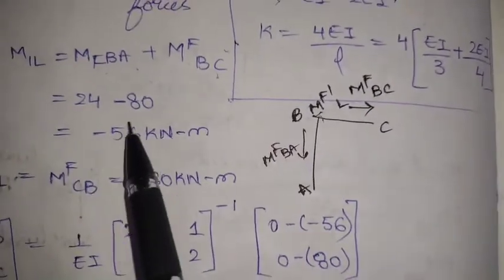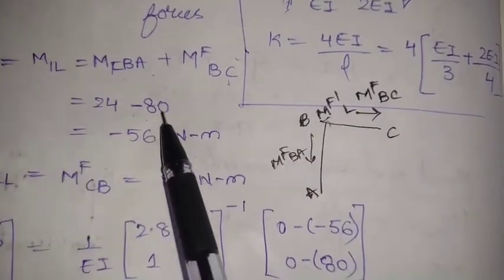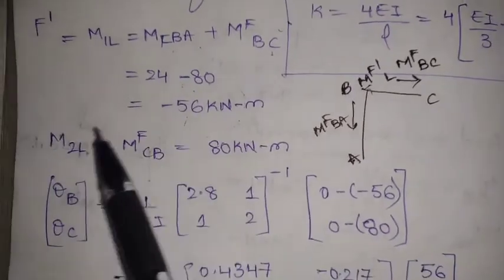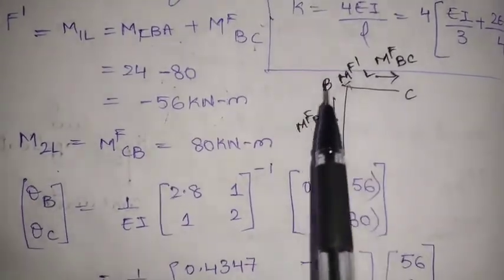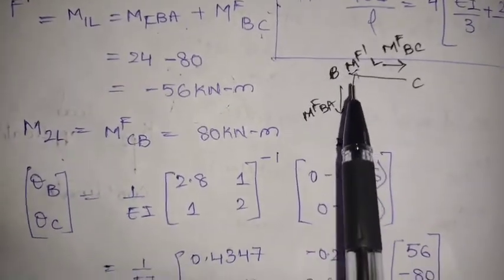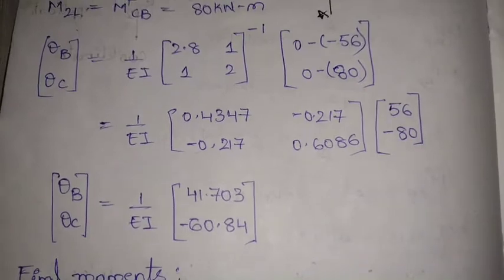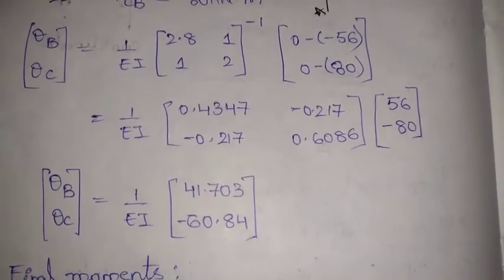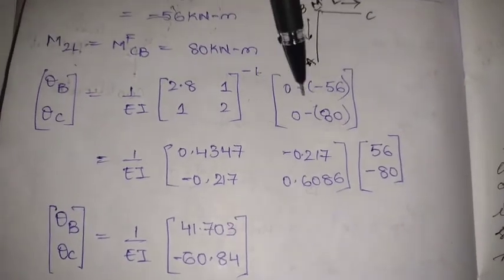If it is negative, keep the negative as it is. So this is 24 minus 80. This is the value. For F2, from C we have only one point, that is MFCB. By using the formula, we will get the thetas calculated automatically. Okay, that is directly the stiffness matrix inverse, and this is the F1.